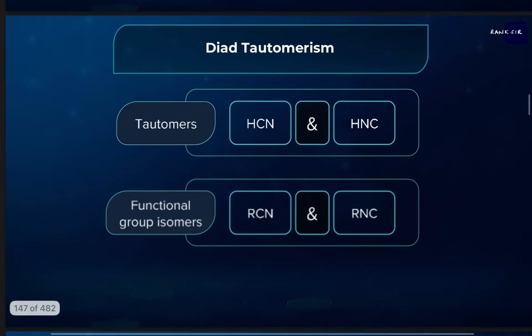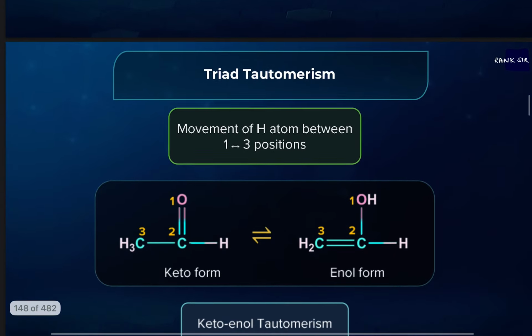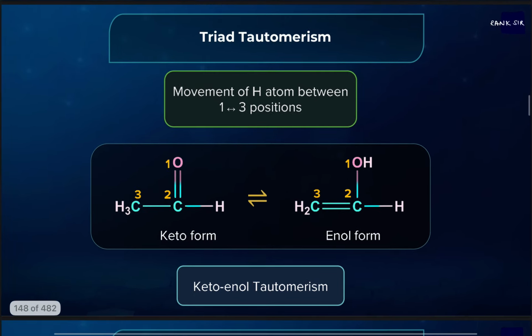Hydrogen cyanide and hydrogen isocyanide are tautomers. But alkyl cyanide and alkyl isocyanide are functional group isomers, not tautomers, because here hydrogen is not moving, the alkyl group is moving in the functional group change. Therefore, they are called functional group isomers, not tautomers.